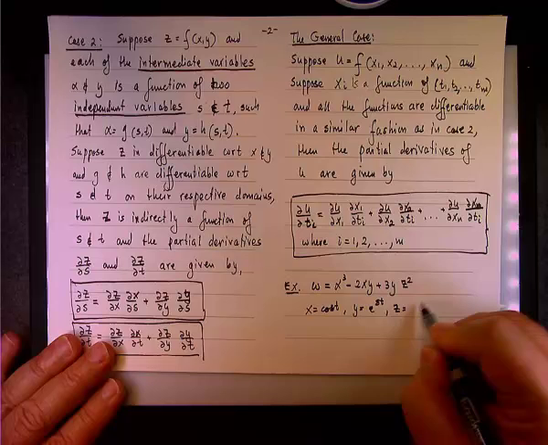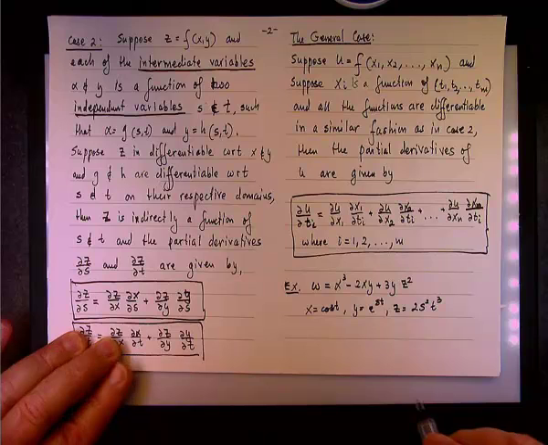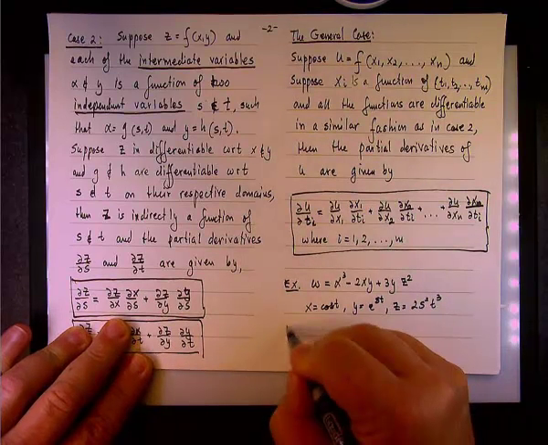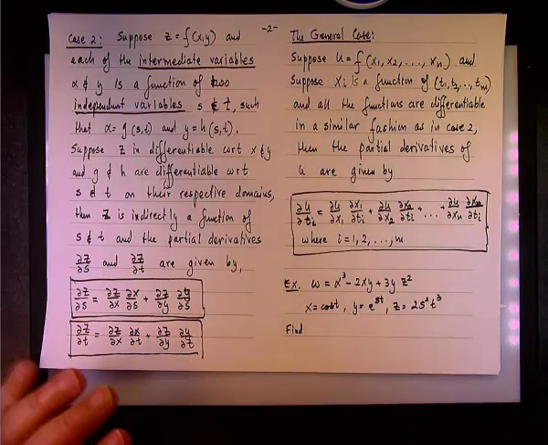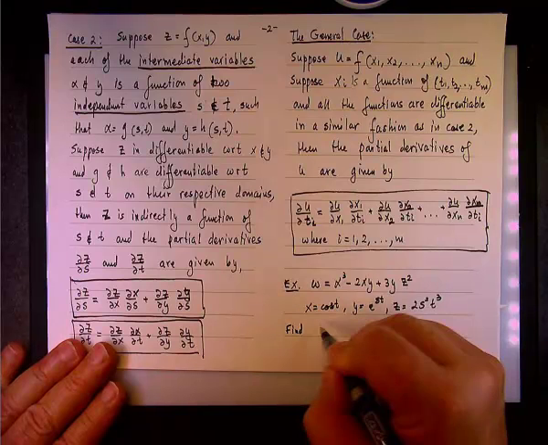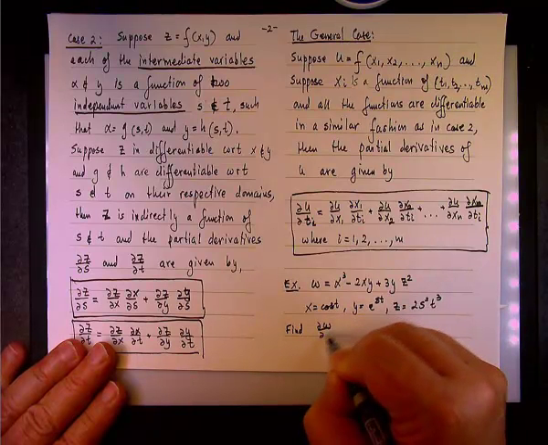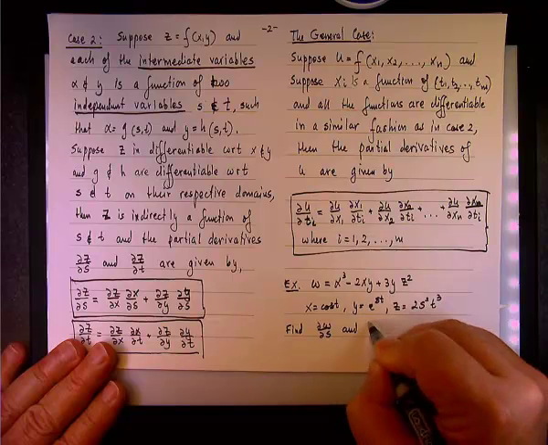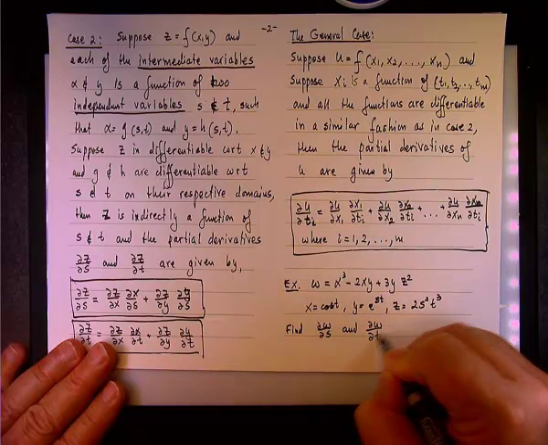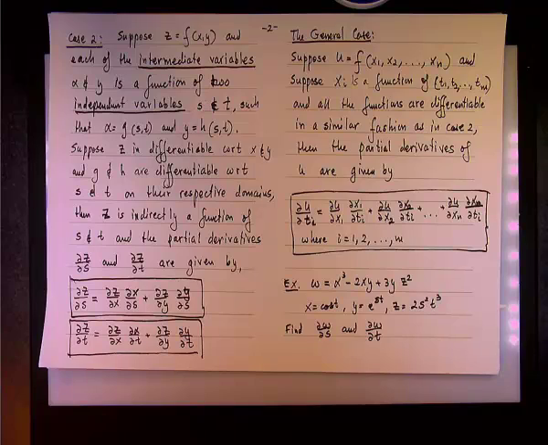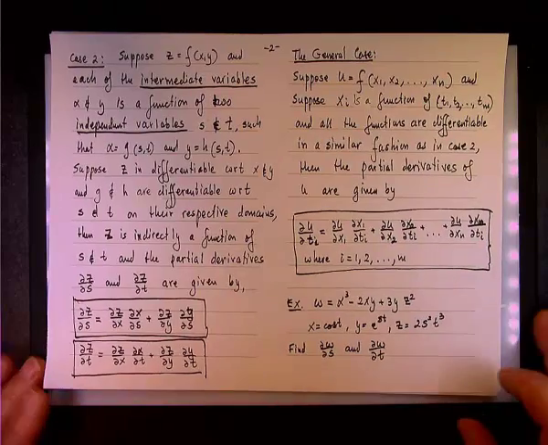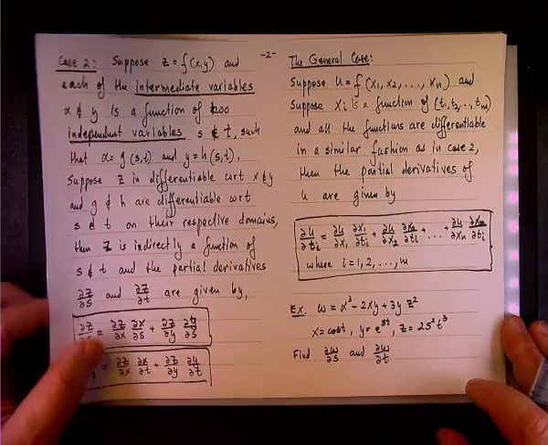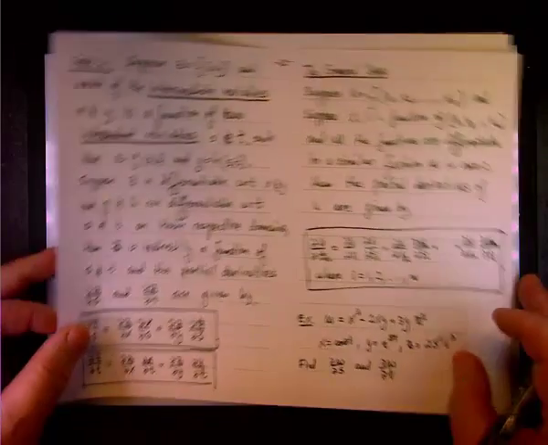I didn't have that ready. So, I'll make a little simpler example. I'm going to say that x equals cosine of t, y equals e to the st, and z equals 2s squared t cubed. Okay? And what we need to find, so we have two independent variables, three intermediate variables. We need to find del w del s and del w del t.